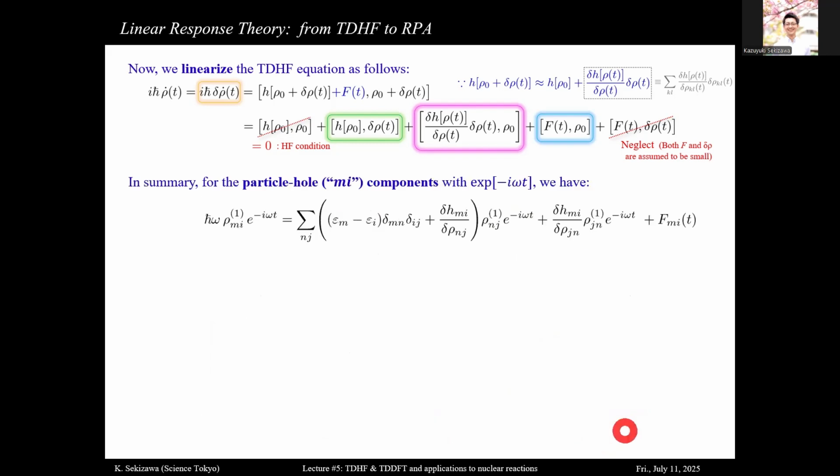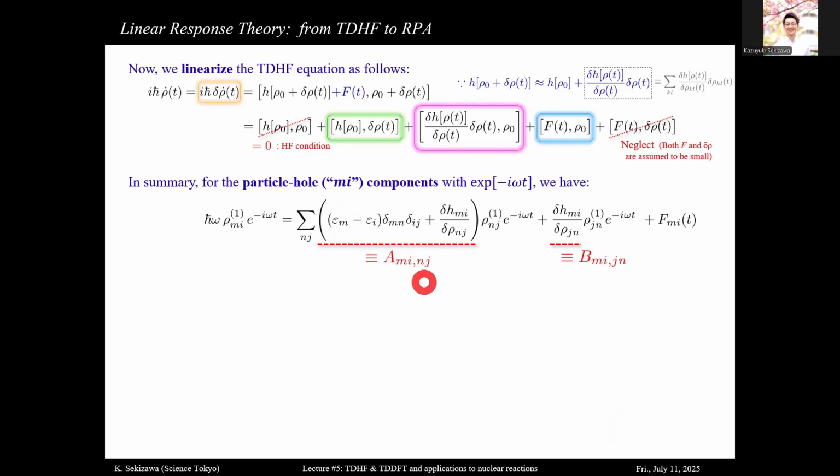So to summarize, from the linearized TDHF equation, we could obtain for the particle-hole components this equation. And actually, we can define the A and B matrices in this way.